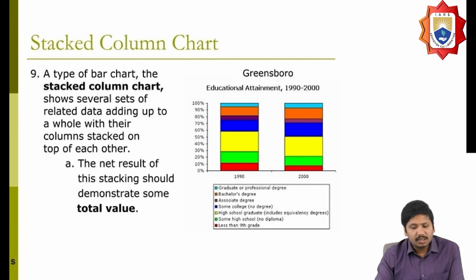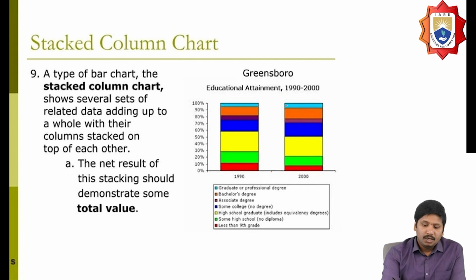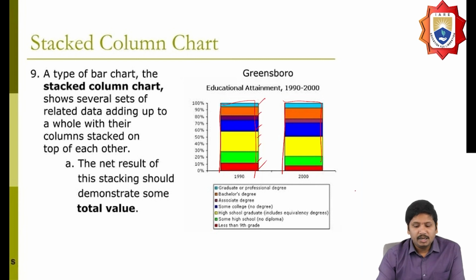So what is this stacked column chart? In a stacked column chart, the length of the bars is almost all equal, and these bars are divided into different segments, where each segment represents a different type of value.